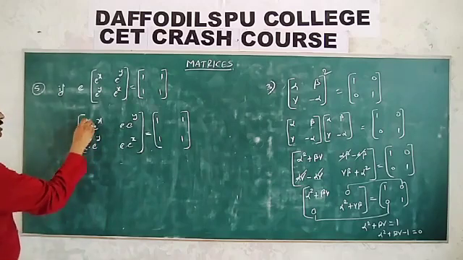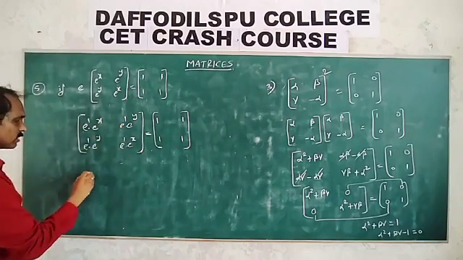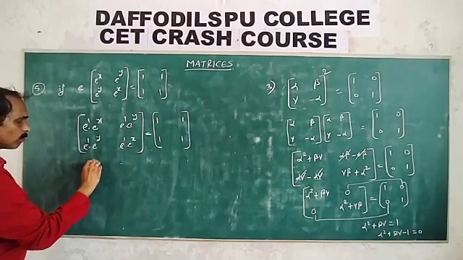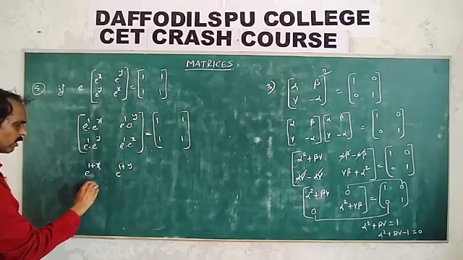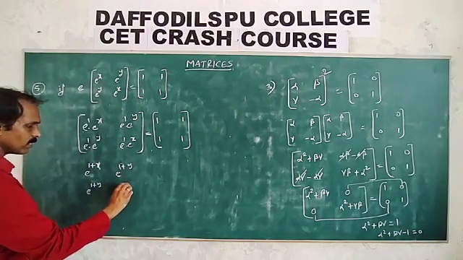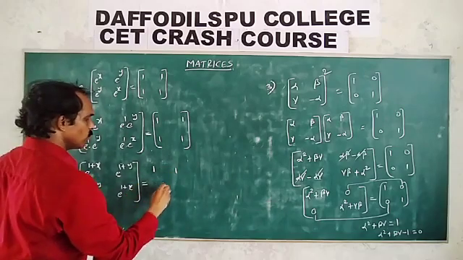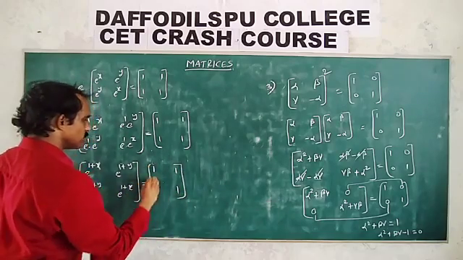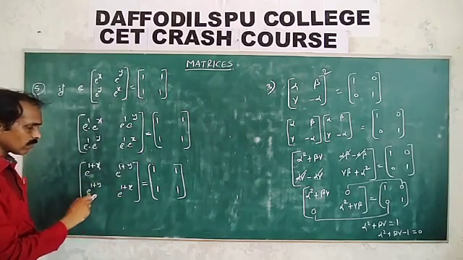The bases are the same, so the powers add in all elements: e power 1 plus x, e power 1 plus y, e power 1 plus y, e power 1 plus x. Equate with 1.